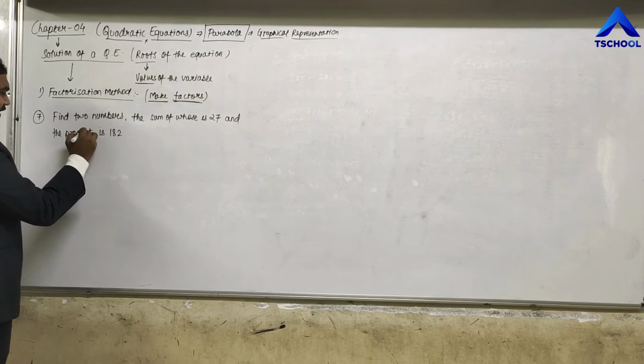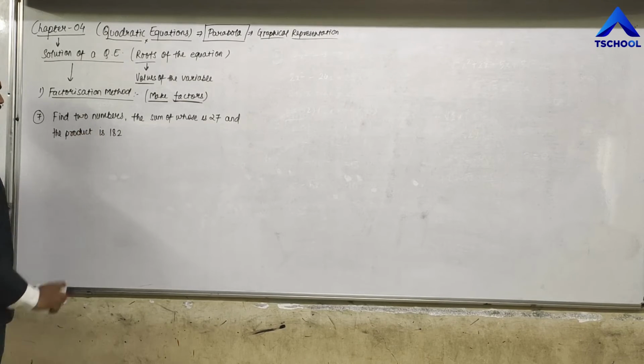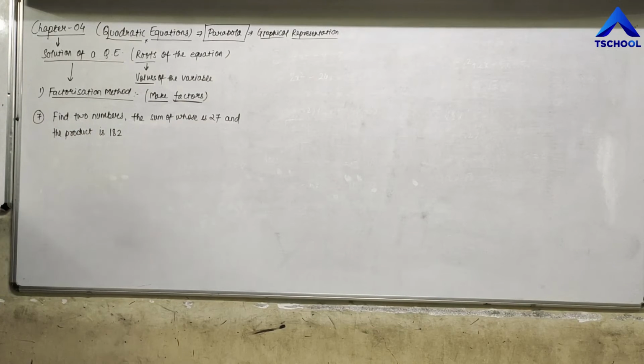You need to find 2 numbers such that their sum is 27 and the product is 182. So here we are talking about 2 numbers.